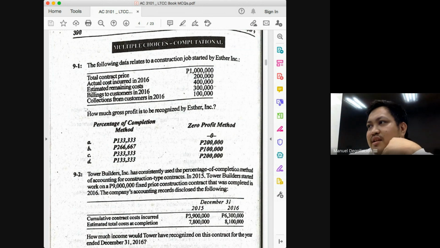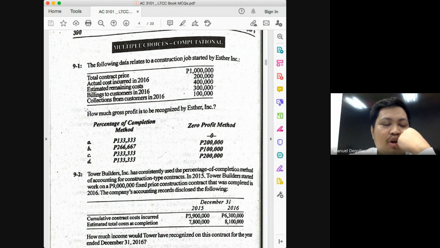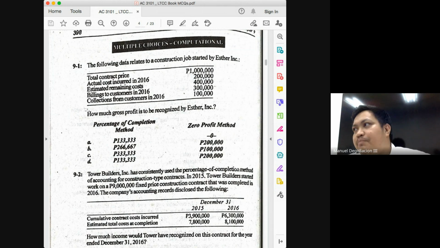We just need your percentage of completion. And in solving for your percentage of completion, class, you also need two things. What are these two things? Your cost incurred to date, which will be divided by your cost at completion.